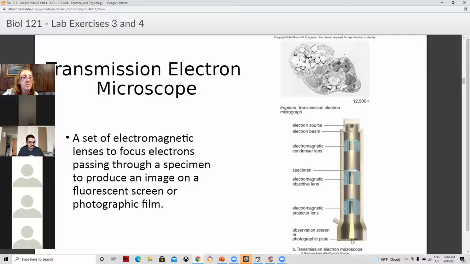So the major difference here between a compound light microscope and a transmission electron microscope is that the compound light microscope uses glass lenses and it uses light wavelengths. A transmission electron microscope uses magnetic field lenses and it uses electron wavelengths.